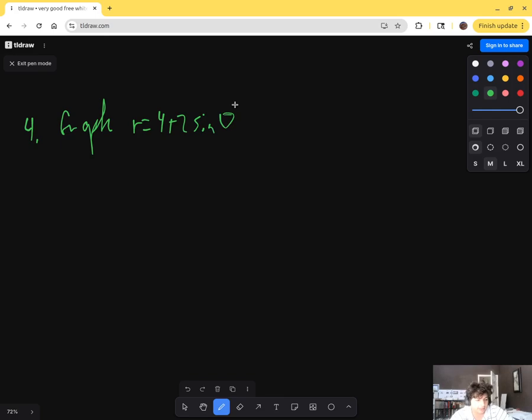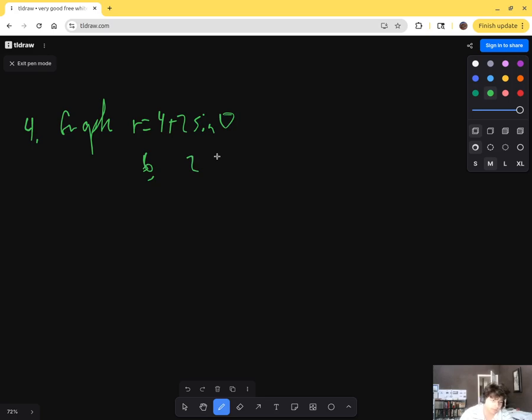And 1 is less than 4 over 2, but 4 over 2 is not less than 2, it is equal to 2, so there is no dimple. So let's plug in when sine is 1. So we have 4 plus 2 is 6. So that's at 6. And then at negative 1, we have 2.